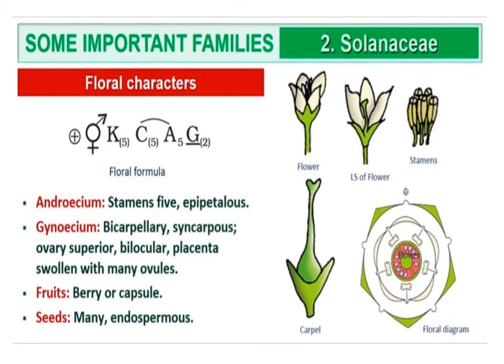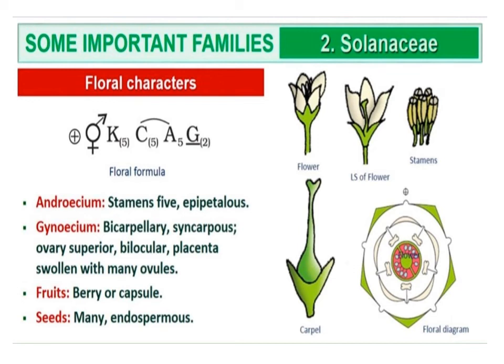Androecium: stamens 5, epipetalous. Gynoecium: bicarpellary, syncarpous, ovary superior, obliquely placed, bilocular with many ovules on swollen axile placenta. Fruits: berry or capsule. Seeds: many, endospermic.